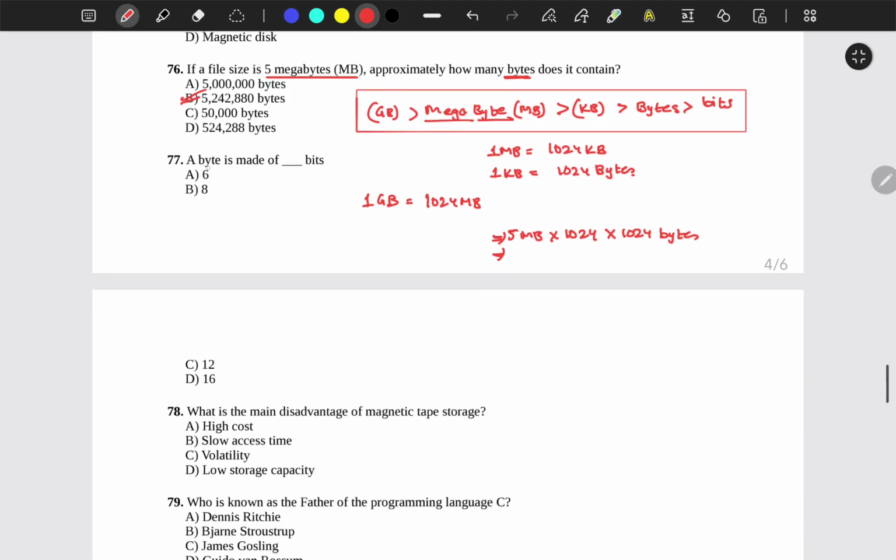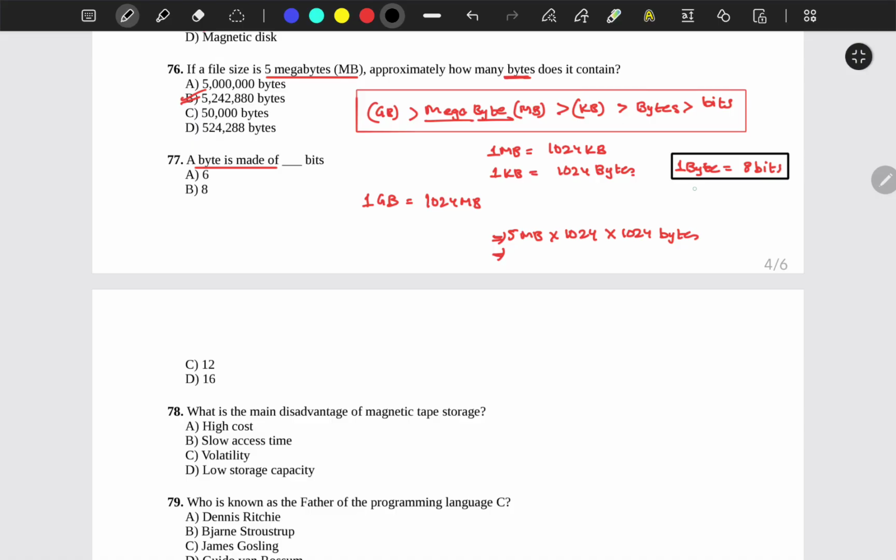You might get confused, अब यहाँ तपाईले सिधै सोच्यो भने चाहिँ 1 byte equals to 1024 bit भनेर सोच्यो भने हुँदैन, because 1 byte equals to 8 bits, okay. This चाहिँ you have to remember.